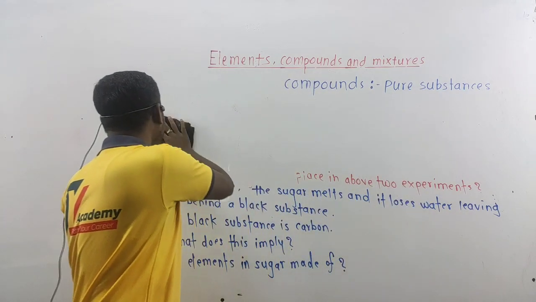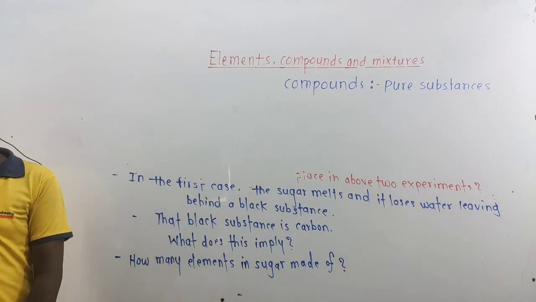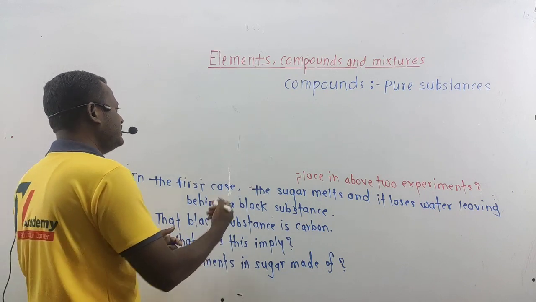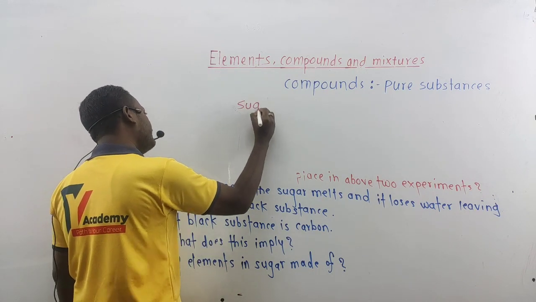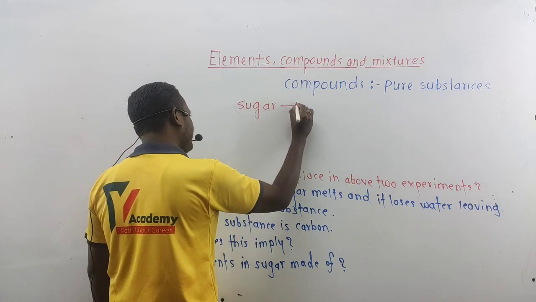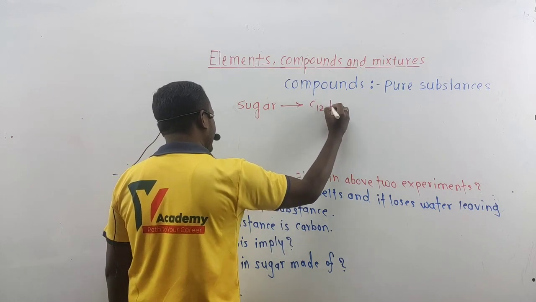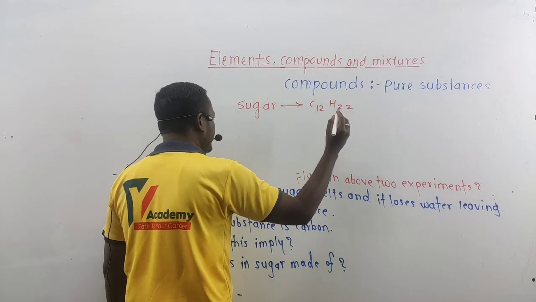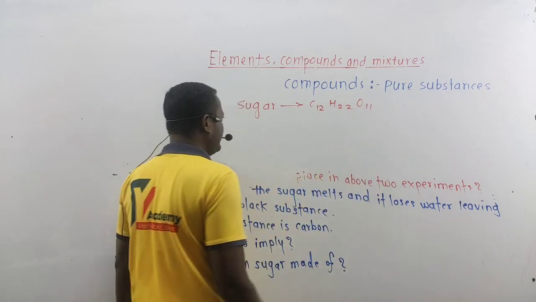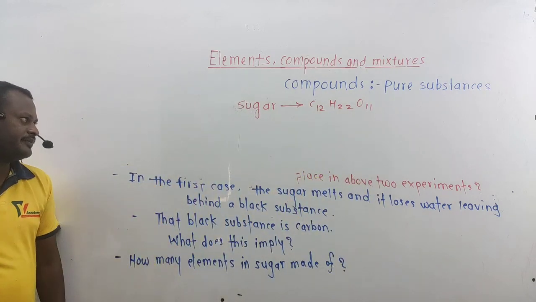Now let us see in sugar, what is the chemical formula of sugar? The chemical formula is C12H22O11. What is the meaning of this?